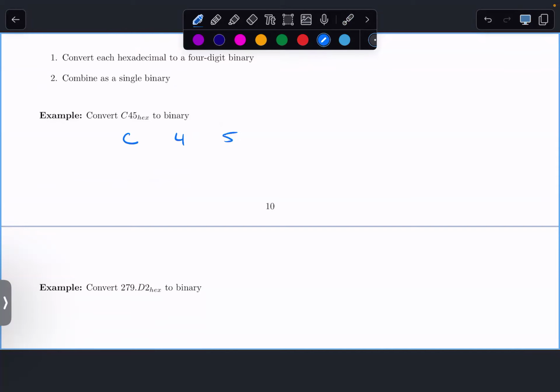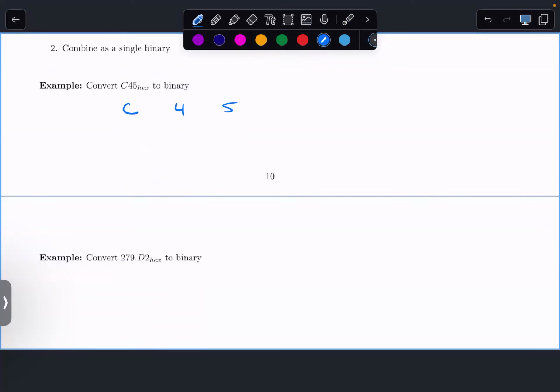C45 hex. C is 12 base 10. But if I didn't have that table, right, then what would I need to do here?